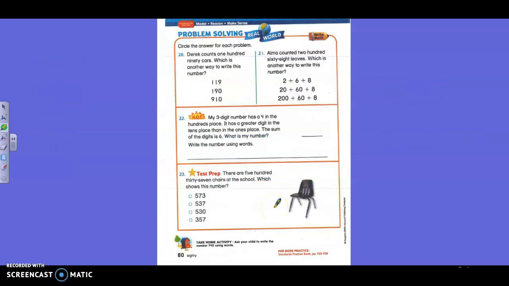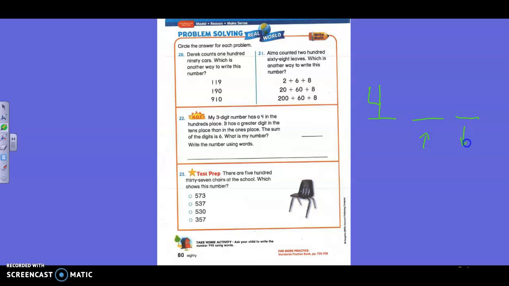Okay, boys and girls, we're going to do the hot problem together. It says, my 3-digit number, so there are going to be 3 digits, okay, has a 4 in the hundreds place. Over to the hundreds place, we're going to write a 4 on there, okay? Now, it has a greater digit in the tens place, so this one has to be a bigger digit than in the ones place.